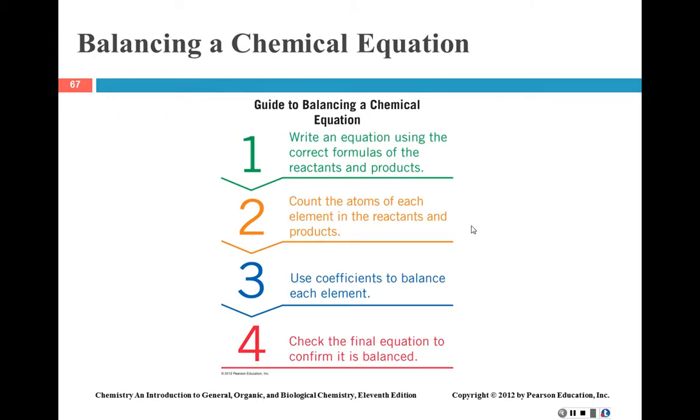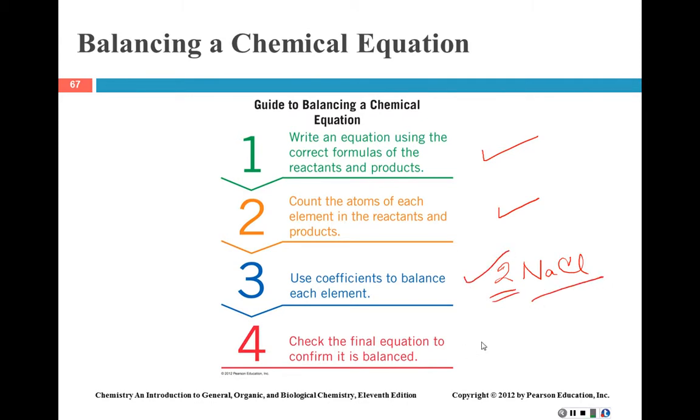Because of that, we have to balance the chemical equations. To do that, we write the equation using the formulas for the reactants and the products. We count the atoms of each element in the reactants. We use coefficients, that is the number before the molecules or elements.